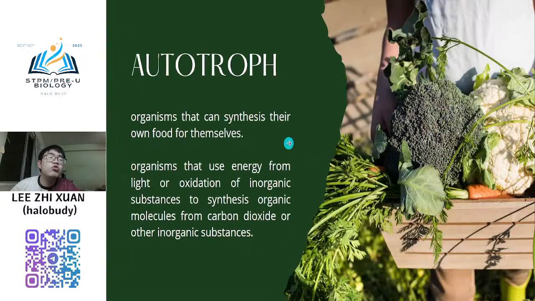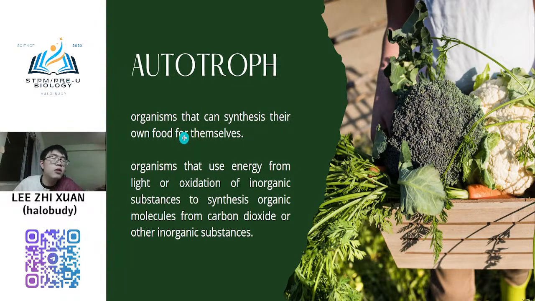Okay, so autotroph, the general definition is that the organism can synthesize their own food for themselves. So this food is what we know as organic molecule lah. So normally it's glucose lah. Meaning that autotroph, this kind of living organism, can produce own food themselves.